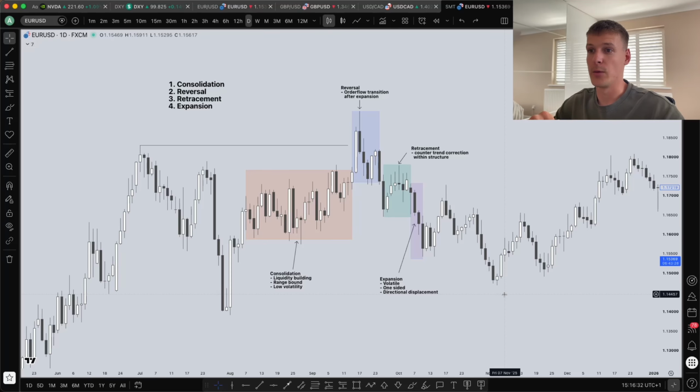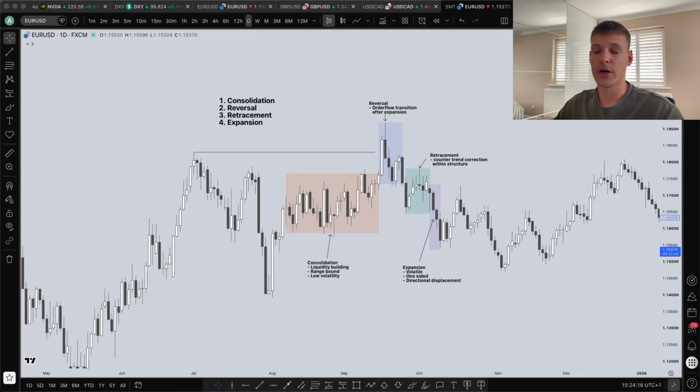It displaces away with aggression, and it's very one-sided, it's very volatile, and these are the moves that we really want to be involved in, because everything else is slightly more advanced, it's slightly choppier, whereas these expansive moves are very one-sided and easier to get on the correct side of the market, because it's clear and obvious where price action is moving. It's big, full candles, small wicks, and these are the moves where you can really exploit the market and get into these big price action moves.